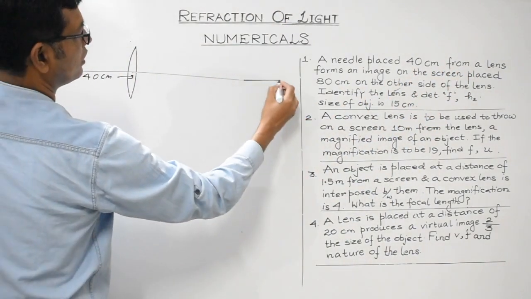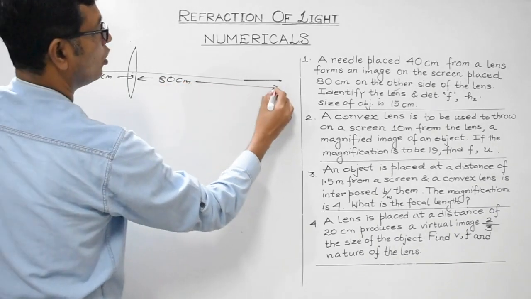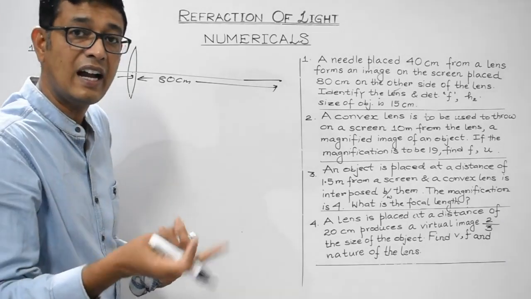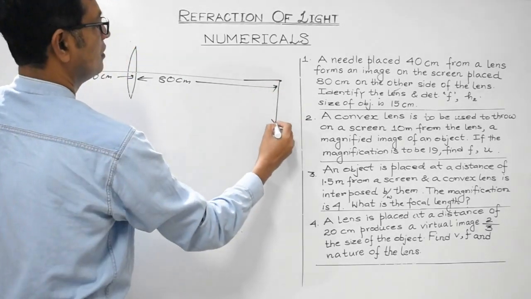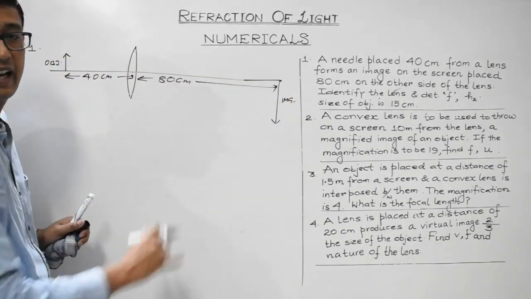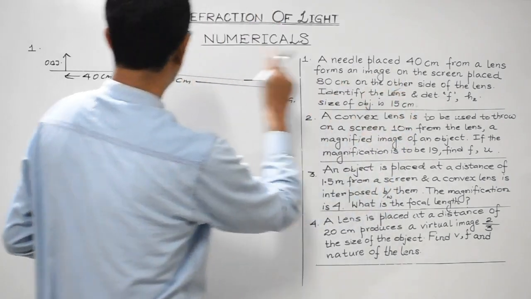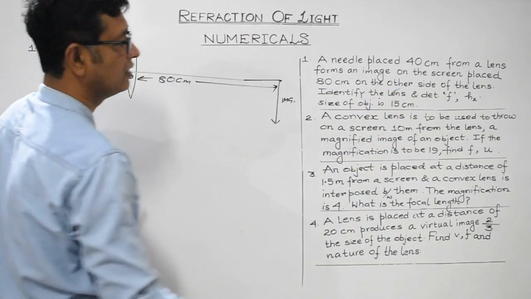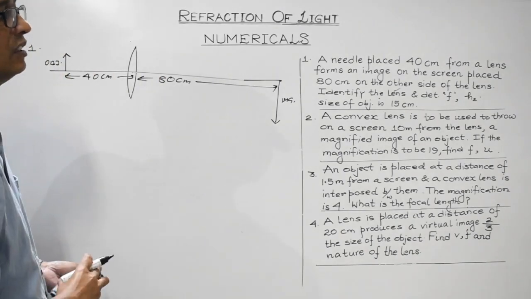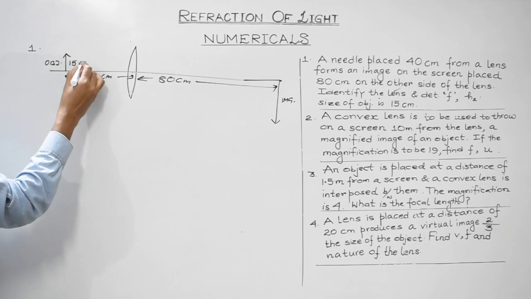Since the image is real and inverted, it will be like this, right? This is the image. Identify the lens: this we have done, it's of converging nature, a convex lens. Determine the size of the image, if the size of the object is given to be 15 cm.